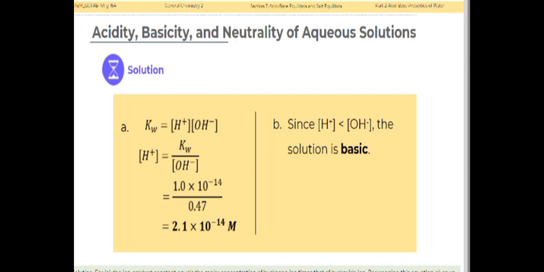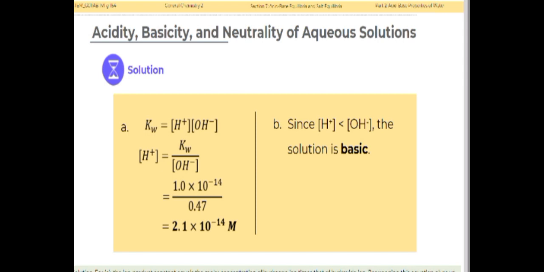Unless otherwise stated, let us assume that the temperature is at 25 degrees Celsius. Thus, K is 1.0 times 10 raised to negative 14. Substituting the molar concentration of hydroxide ion, we obtain hydrogen ion concentration, which is 2.1 times 10 raised to negative 14 molar.